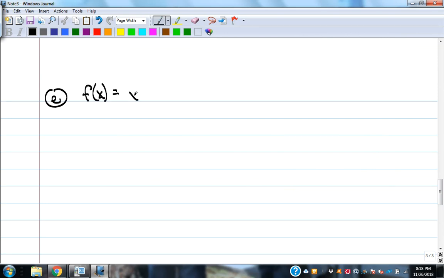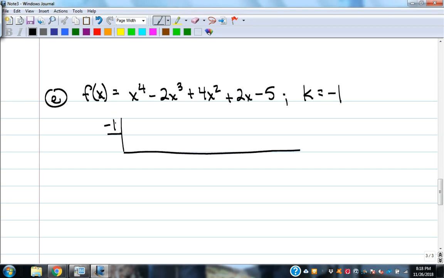The polynomial is the same one we just used: x to the fourth minus 2x cubed plus 4x squared plus 2x minus 5. And we want to check out k equals -1 this time. -1 on the shelf.